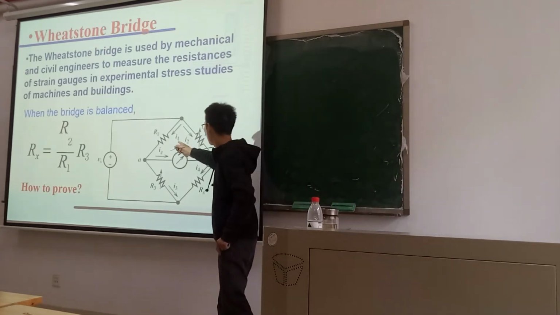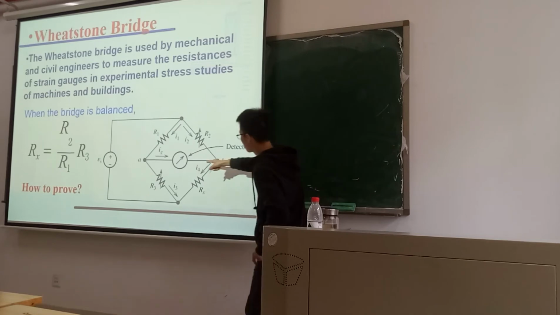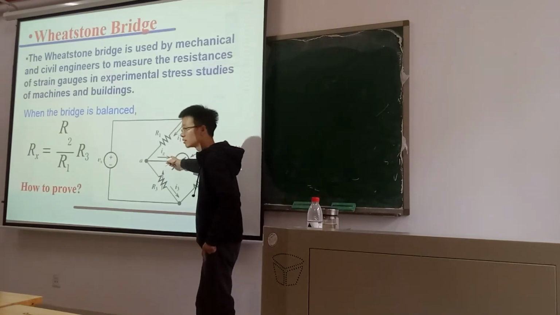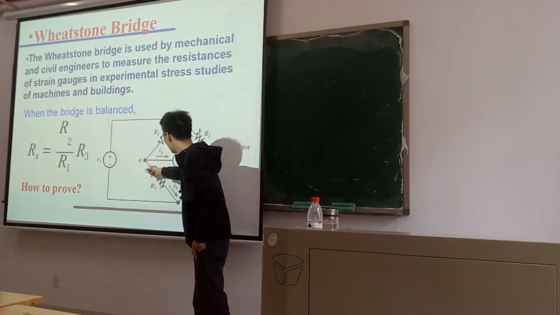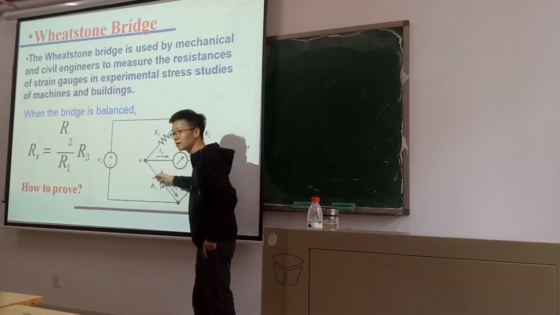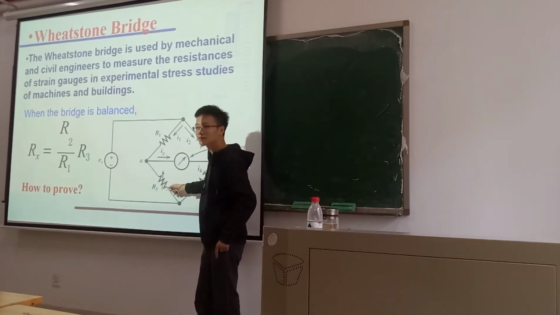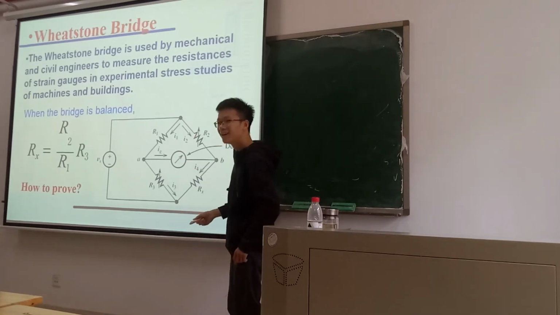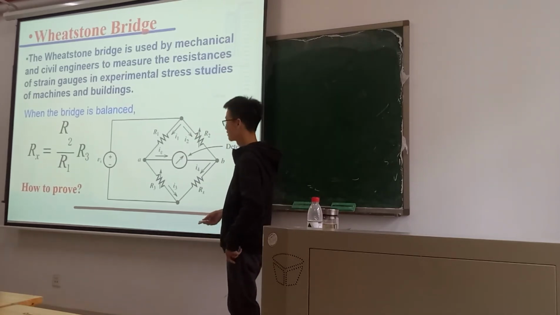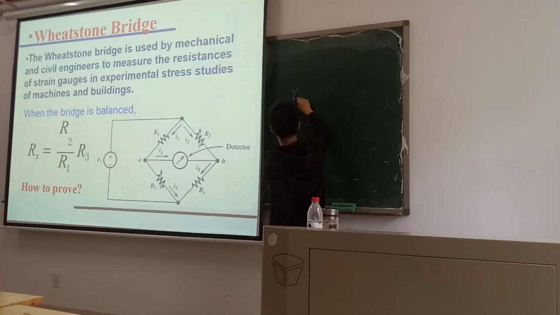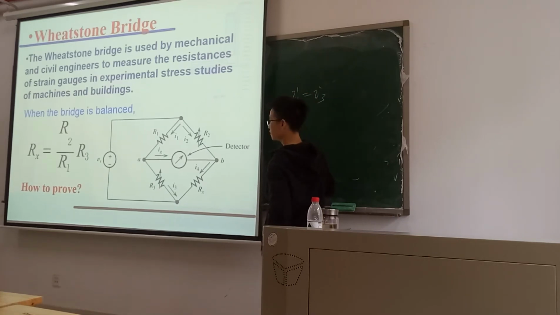Now, if this is 0, these two branches are in series, so I1 equals I3, right?